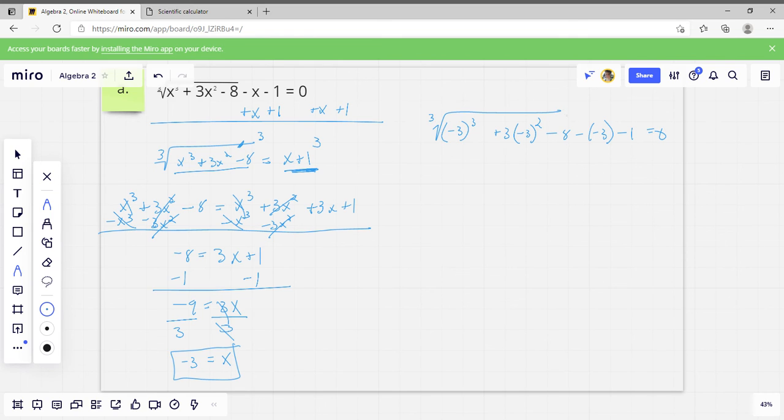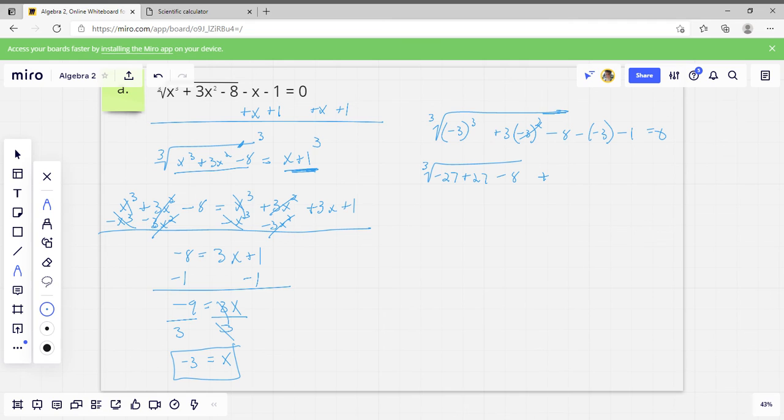Our third root is all the way up to this minus 8. So the third root of negative 3 times negative 3 times negative 3 will be negative 27. And then 3 times 3 would be 9, and that would be positive 9. 9 times 3 is 27. Minus 8.